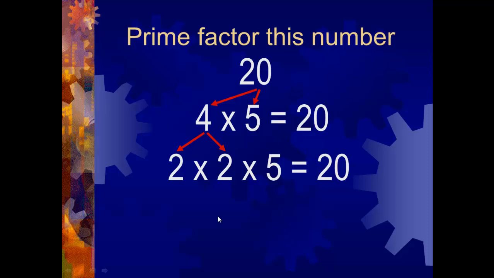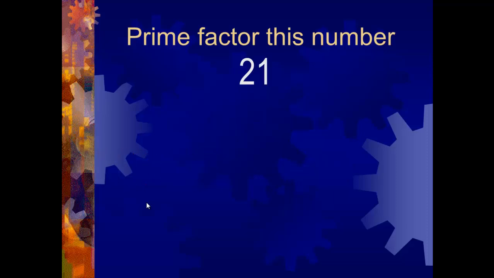Write it down again, so the prime factors are here, 2 by 2 by 5. 21, from the timetable, what numbers multiplied by each other give you 21? Yes, 3 by 7. 3 is a prime and 7 is a prime also. 22, 2 by 11. 2 is a prime, 11 also is a prime.